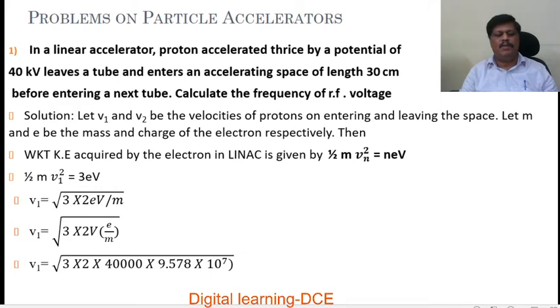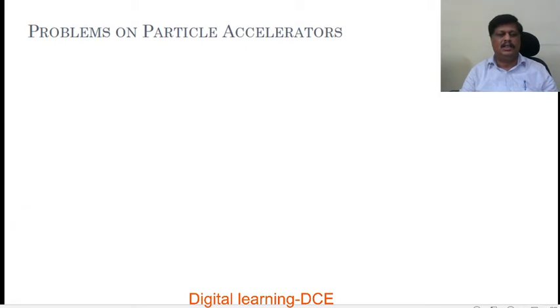We get the value of e by m as 9.578 into 10 power 7 for proton, and 3 into 2 into 40 kV, 40,000 volt as V. After simplification, we get the velocity of the proton V1 as 4.794 into 10 power 6 meter per second. So velocity acquired in the first drift tube is 4.794 into 10 power 6 meter per second.